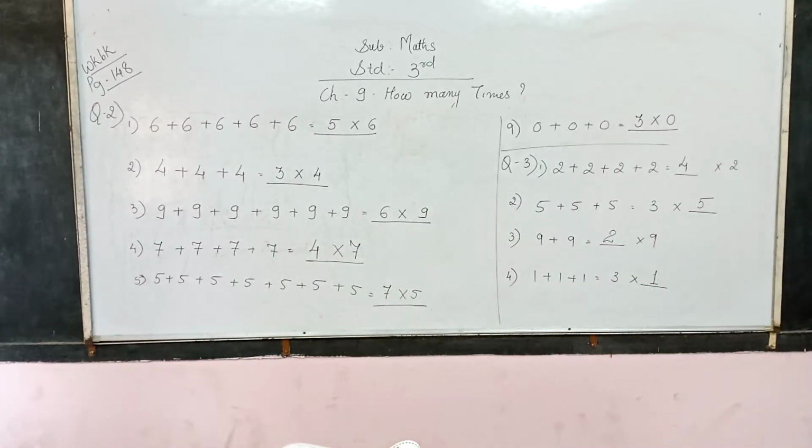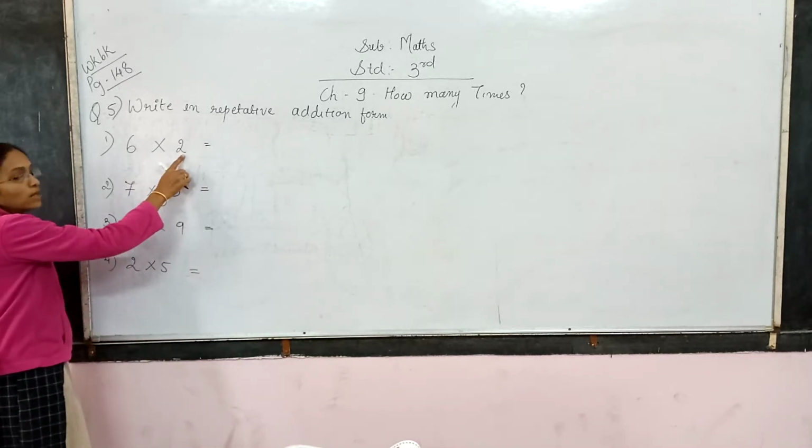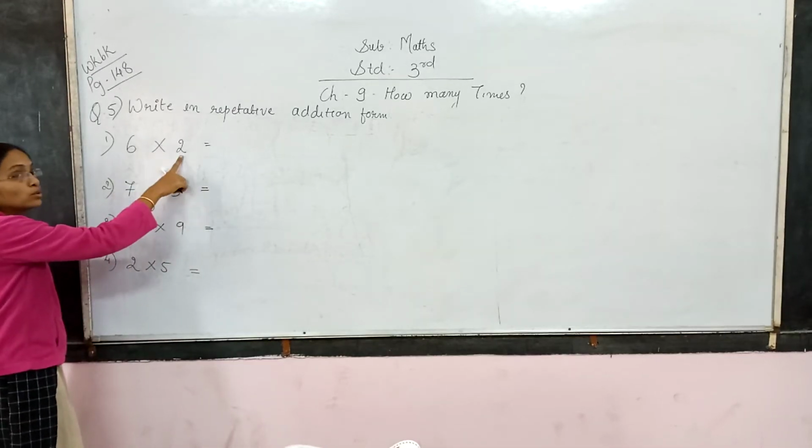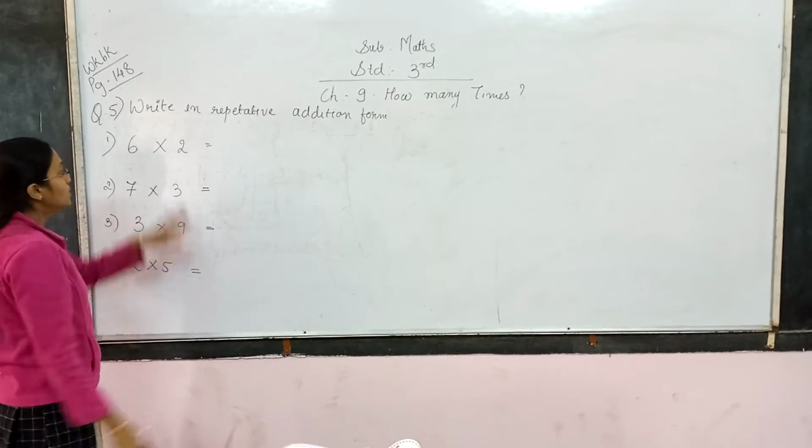Write in repetitive addition form. Here you can see question number 5. Write in repetitive addition form. So here 6 2s are. Okay, 6 2s are. So here which number is repeated? This number 2.